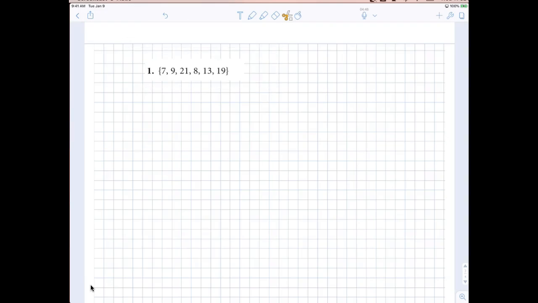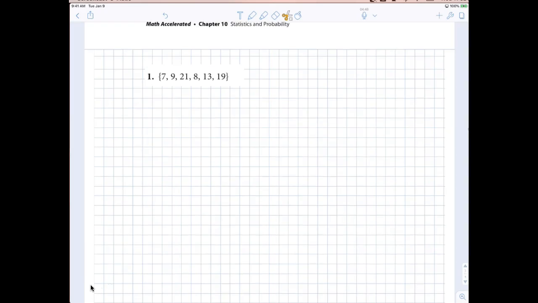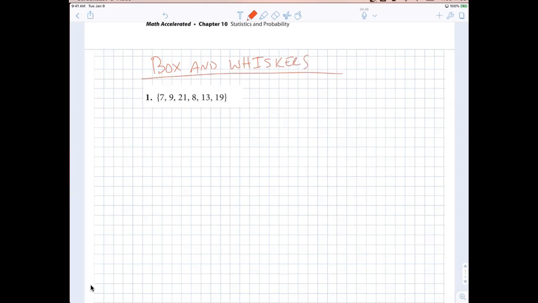Now, the first thing I need to do, if you want to label this at the top, I want you to write box and whiskers. I don't know why they call it this, to be perfectly honest. Like I said, I don't know why. I've never even used this before, or I don't really like this, but it's becoming more common. That's why I'm trying to get you to be more familiar with it.